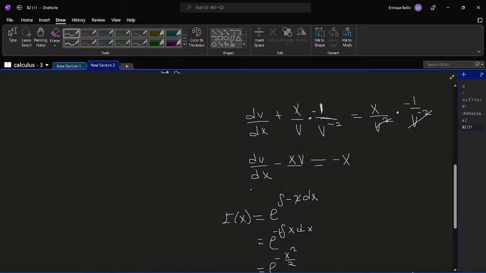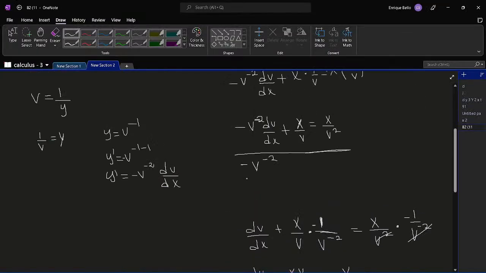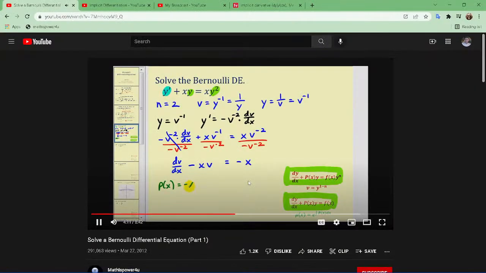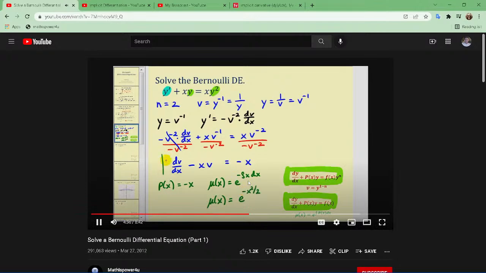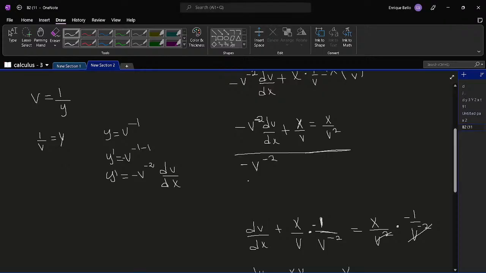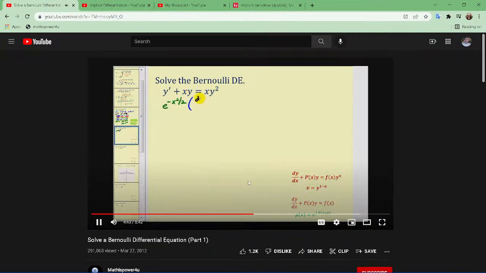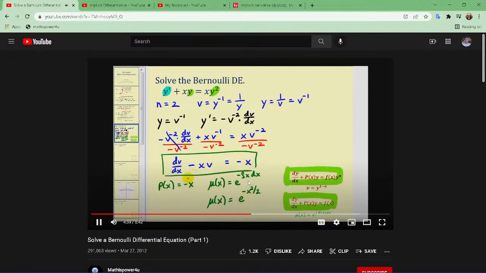So in this case, p of x is going to be just negative x. So the integrating factor, mu of x, is going to be equal to e raised to the power of the integral of negative x dx. So mu of x, or this should be of this differential equation Exactly. by the integrating Wait, what? factor. Let's go ahead and do that on the next slide.